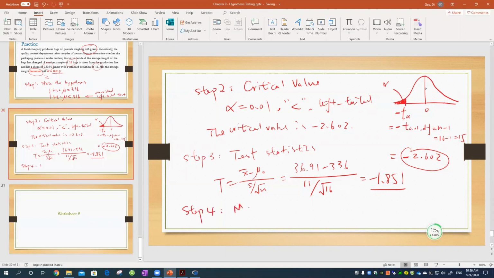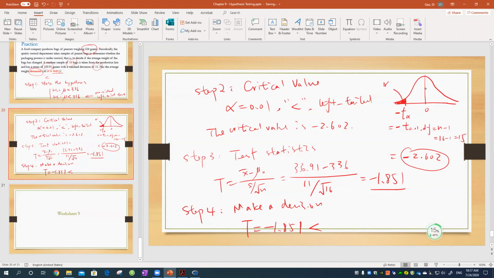And step 4, I'm going to make a decision. So our decision: T equals negative 1.851, and then compare with the critical value. If it's smaller than the critical value, then we're going to reject, because smaller than means more extreme than the critical value, the cutoff, because it's left-tailed.